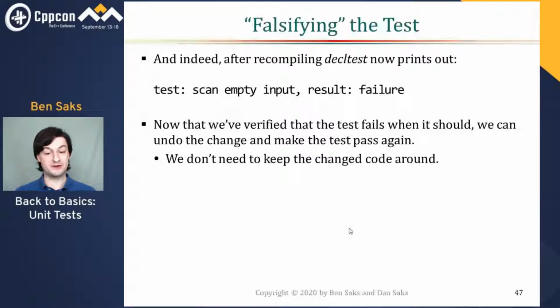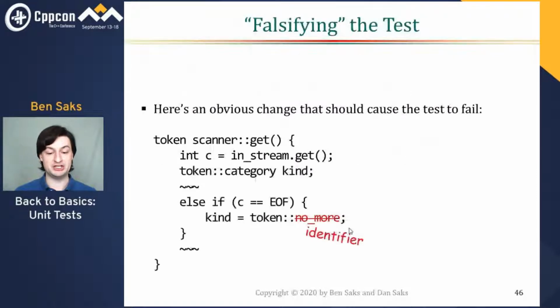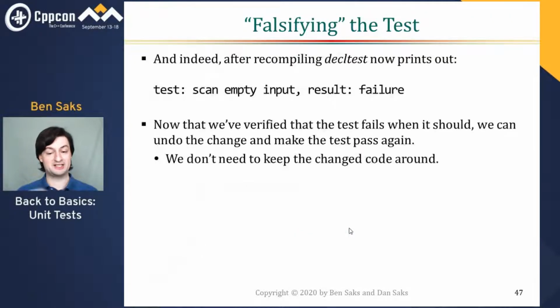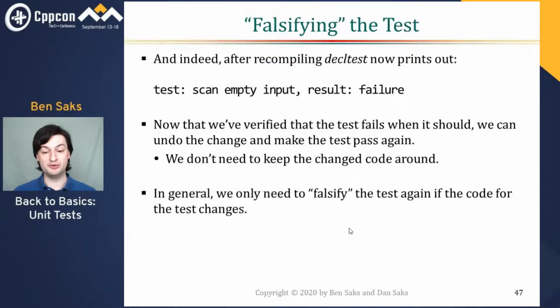Now that we've done this verification, we can go back, undo this change, and restore the test to passing condition. We don't need to keep that change around. And in general, we won't need to falsify the test again unless the code that runs the test itself actually changes.